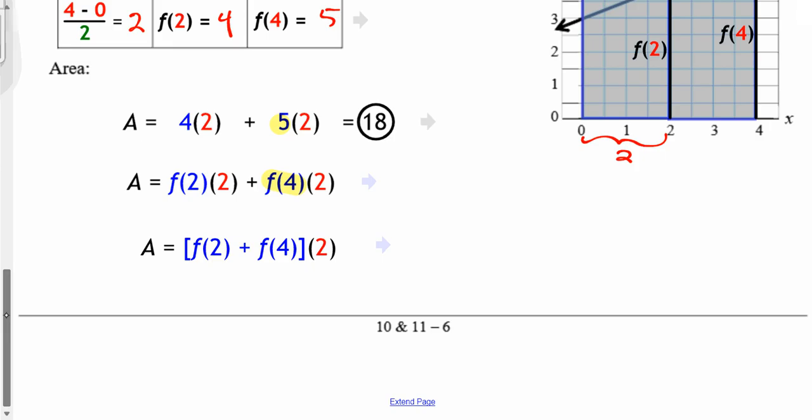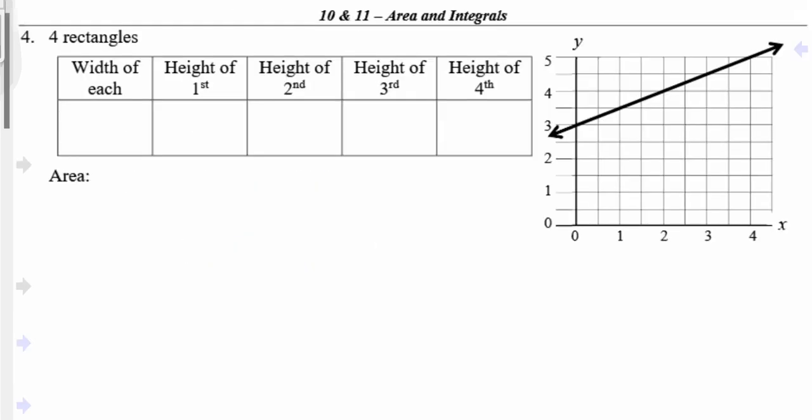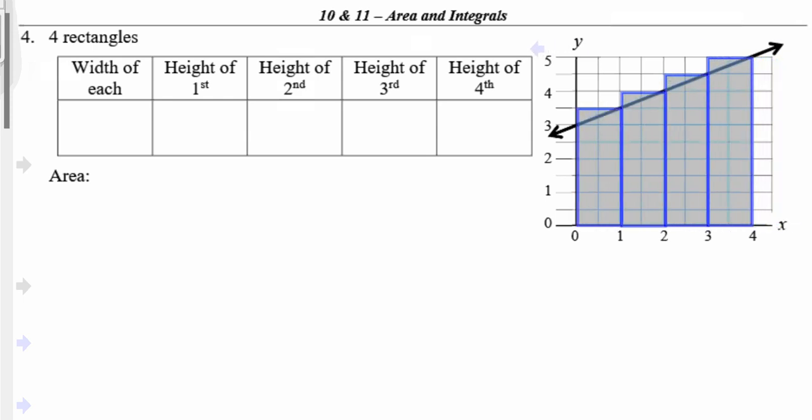Next, suppose I increase my rectangles to 4. Now my diagram is going to look like this. Again, my right end is going to hit the function, so the height is going to be a function value for each rectangle. For the width, again, I'm going to do 4 minus 0 to find the total distance, and divide it by 4, because now we have 4 rectangles.